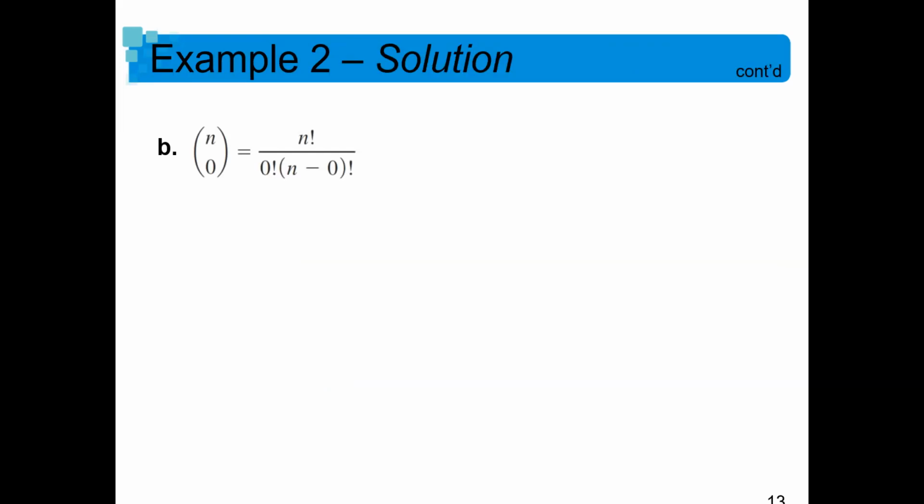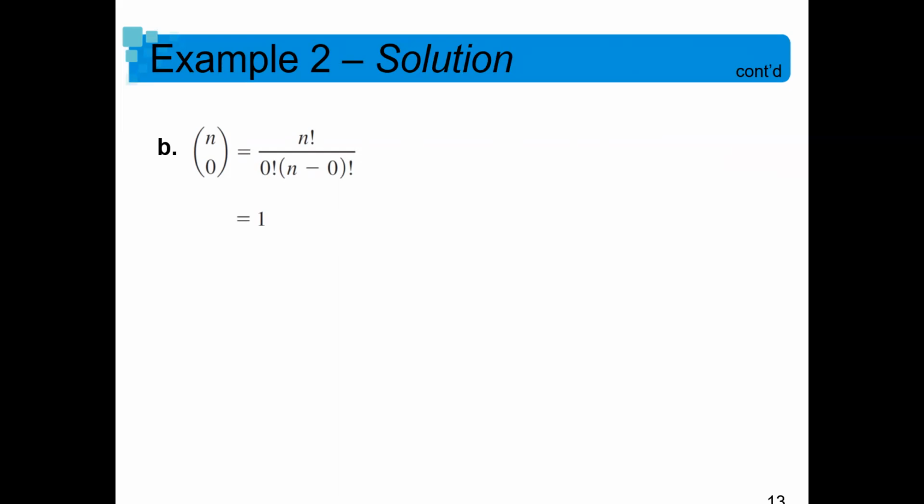For this example, n choose 0: n factorial over 0 factorial times n minus 0 factorial. What we have is n factorial over 1 times n factorial. So the n factorial in the numerator cancels out with the n factorial in the denominator, and what we are left with is 1.